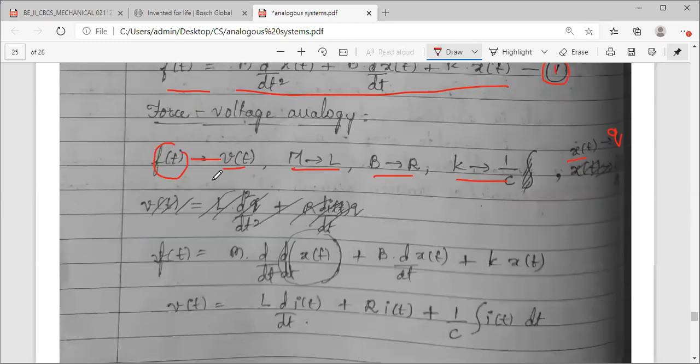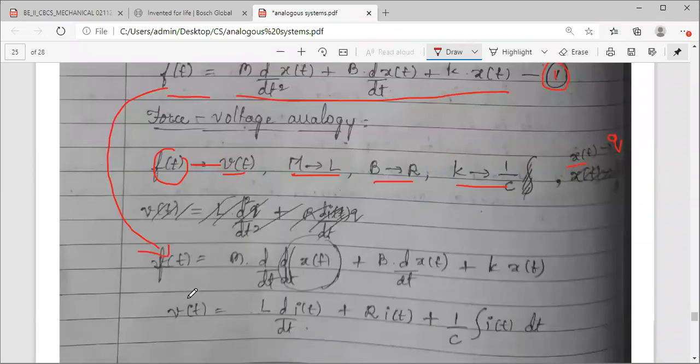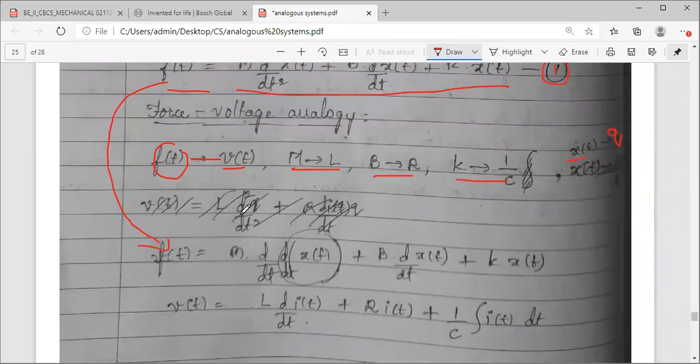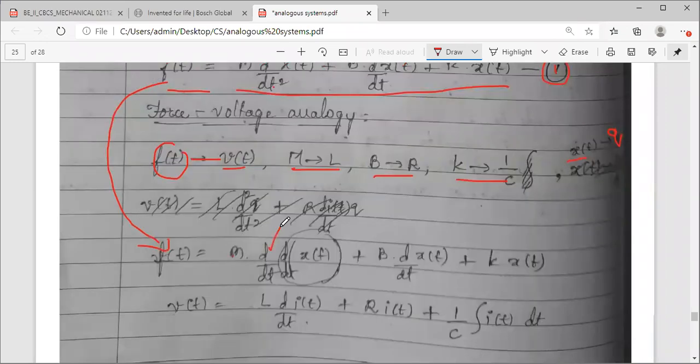Now, once equivalent quantities we have written, simply replace each of them in equation 1. See, I have rewritten this equation one more time. Better to split the d by dt square as d by dt of d by dt. And remaining all one more time I have written.